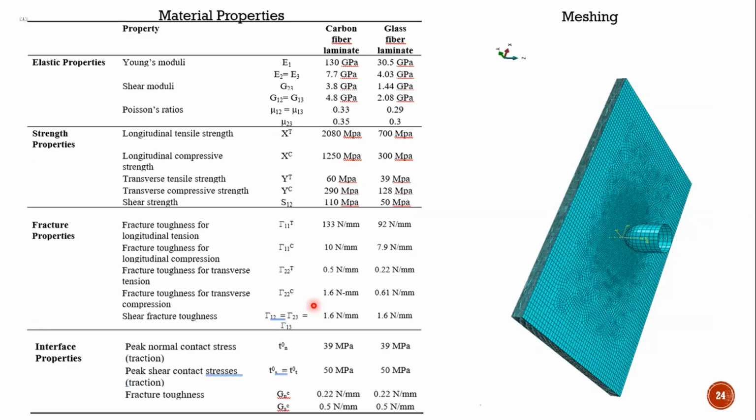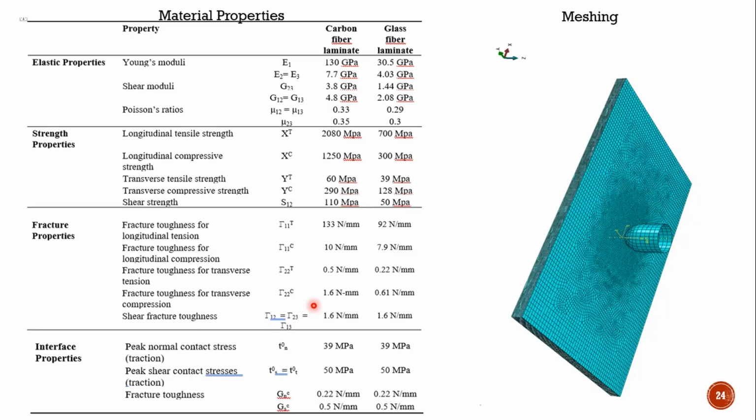For fracture we have fracture toughness under tension, compression, transverse tension, and shear. So these are n number of material properties that we require for this problem. And then we have interfacial properties, because we have different laminas that are assembled together to form a single laminate.